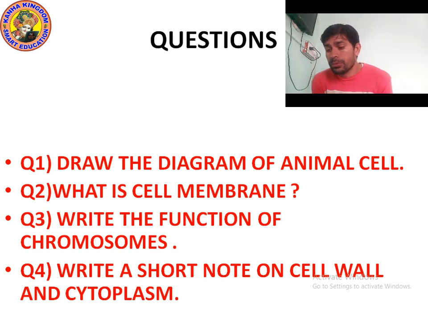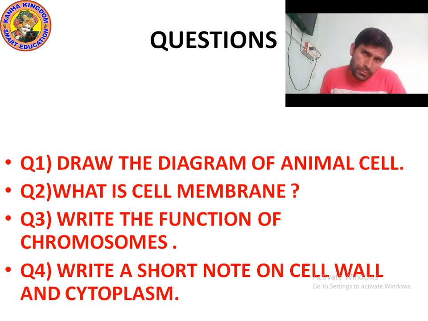It is available in your book, or I will show you one more clear diagram maybe in the next class, or in any class. Or you can make a diagram from your book. A colorful diagram is given in your book also.